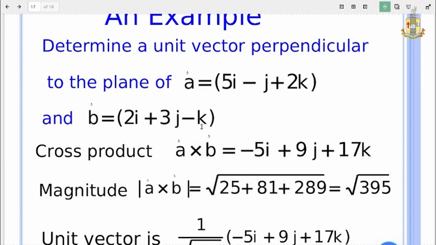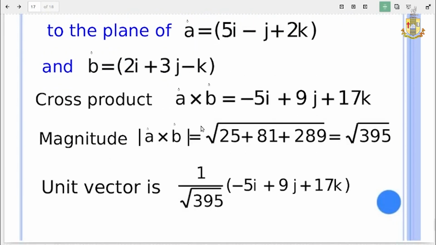The magnitude, modulus of A vector cross B vector, is root of 5 square plus 9 square plus 17 square. We get root of 25 plus 81 plus 289, which is equal to root of 395. Now, what is a unit vector? A unit vector is simply the vector divided by its magnitude, that's all.